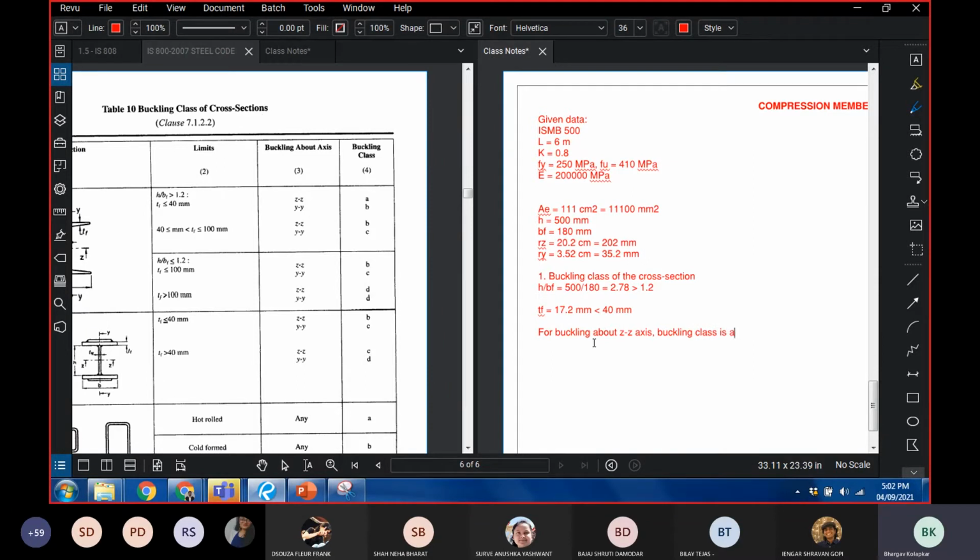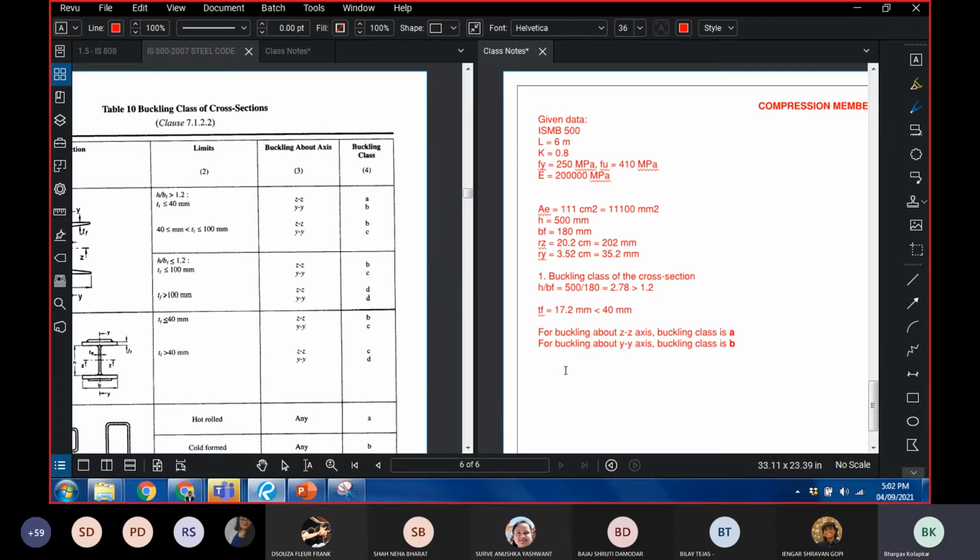And for buckling about YY axis, the buckling class is B. So the first step is over. We have determined the buckling class, so now we know which curve to look at.